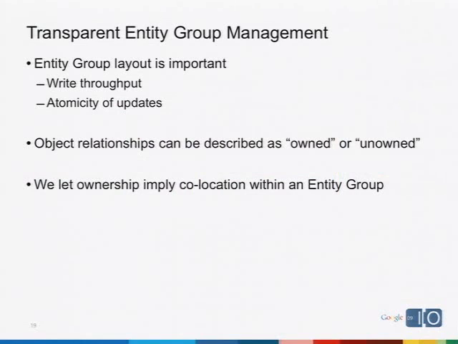So when we talk about relationships, we typically refer to them as either owned or unowned. And by owned, I mean the child object doesn't make sense without its parent. As an example, think of a book as a parent and a chapter as a child, right? It doesn't make sense to have a chapter without a book. An unowned relationship, on the other hand, is something that can exist perfectly fine without an owner, right?